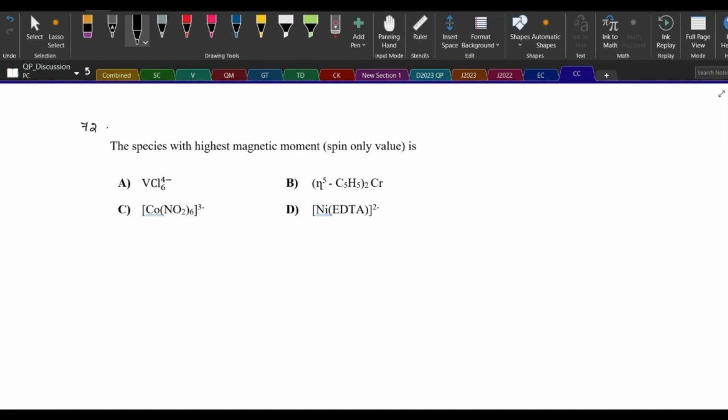So what is the first one? Vanadium's oxidation state here will be +2. Vanadium +2 is a d3 system. You have 3 unpaired electrons.